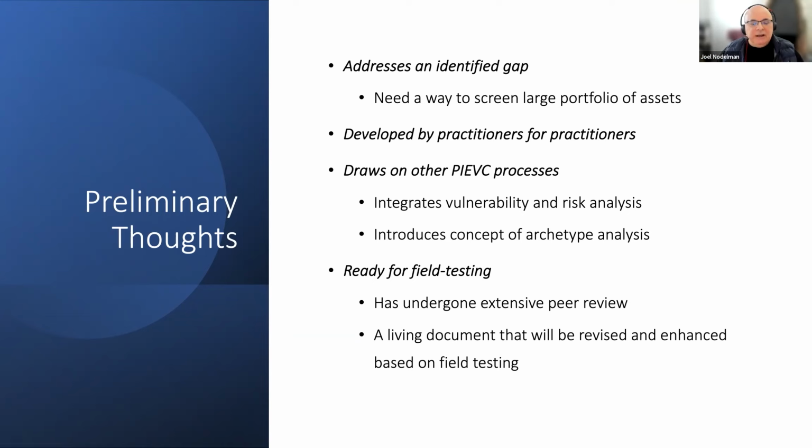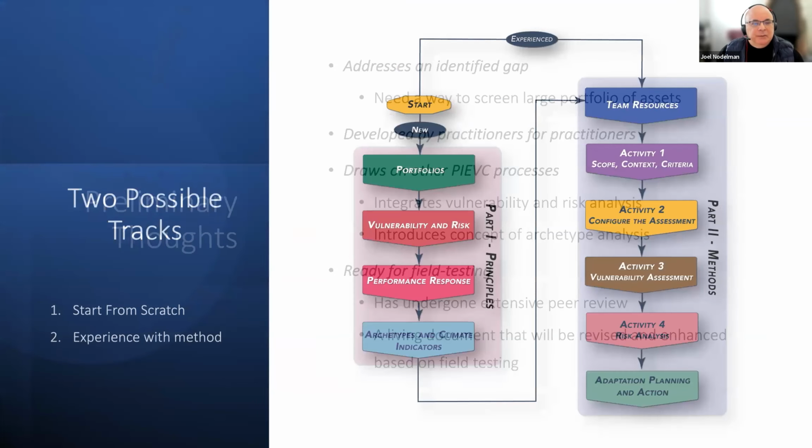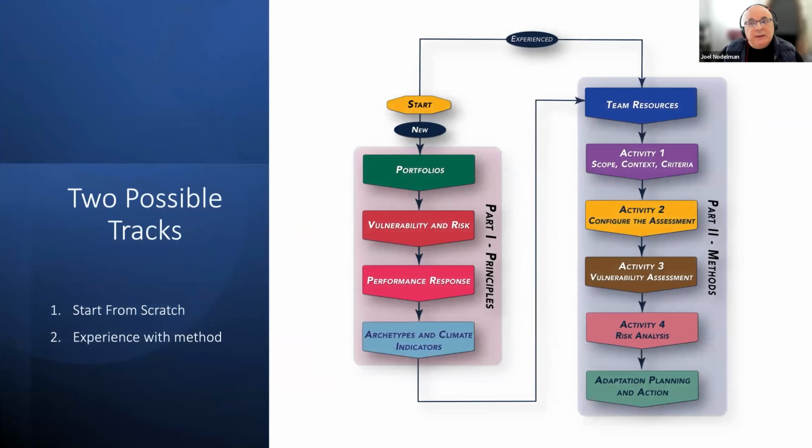So let me take you through where it sits today very quickly. This is a relatively long presentation, so I'm going to skim quickly, but if there are questions, please feel free to raise them. I want to give the complete coverage of the manual, so this is a bit of a walkthrough of what this document looks like. So it starts with the same sort of concept as the catalog, with a roadmap of the way through the process.